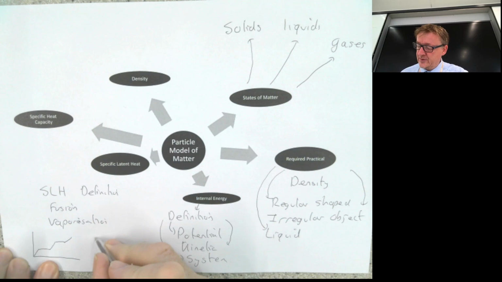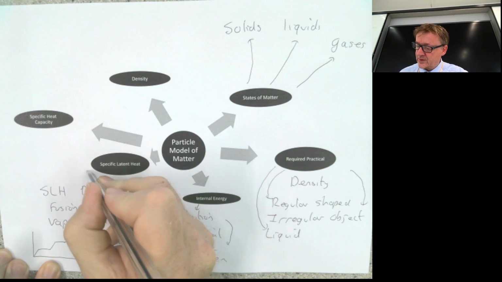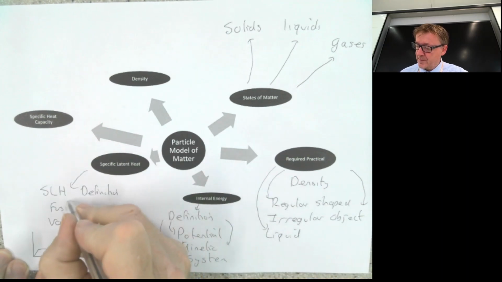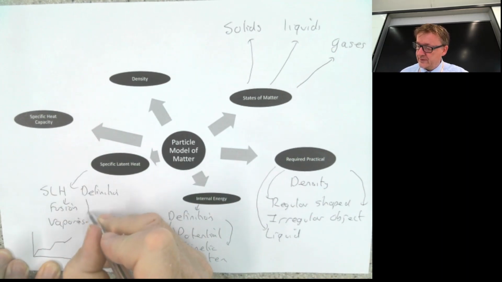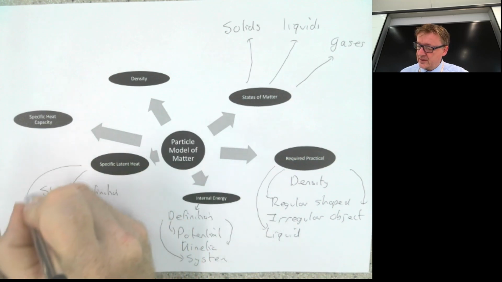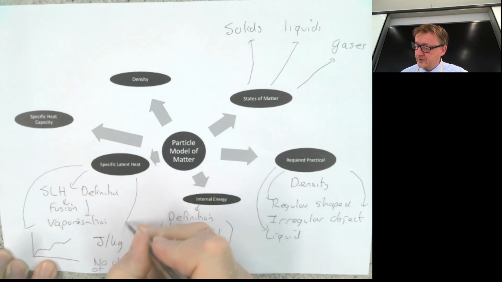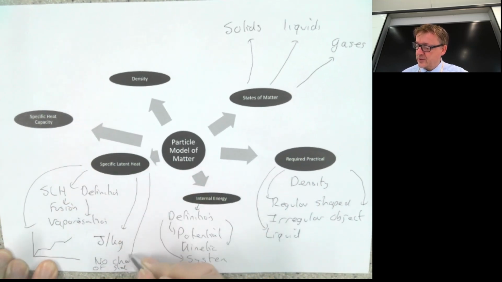You need to know the units, which is joules per kilogram. And one of the things, and I don't know why I always forget it, is always to do with no change of state. So specific latent heat, and its fusion and vaporization, heating, cooling graphs, units, and no change of state.